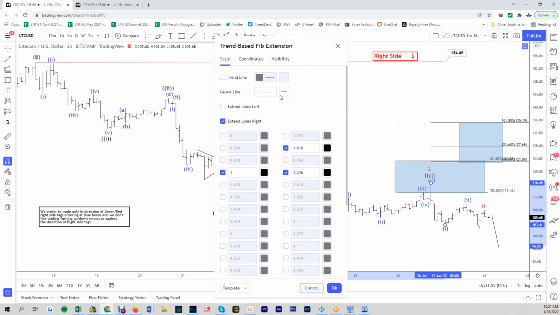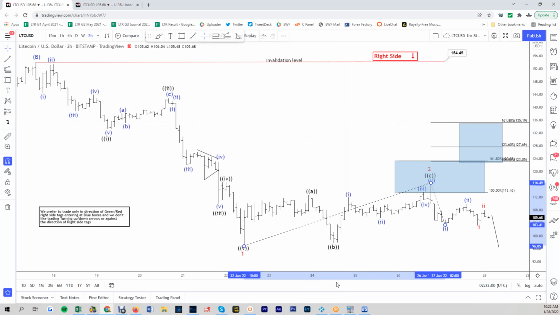Okay, so let me show you with the trend line. All right, here we go. So this 1, 2, 3, and this is going to be the next resistance area.